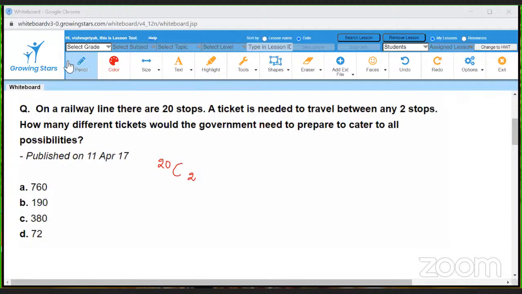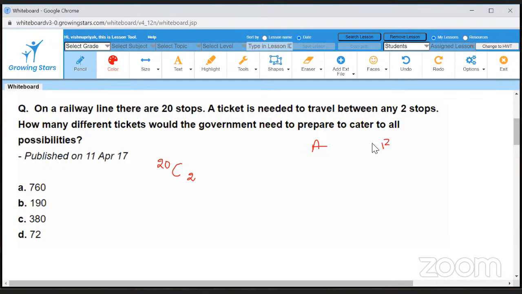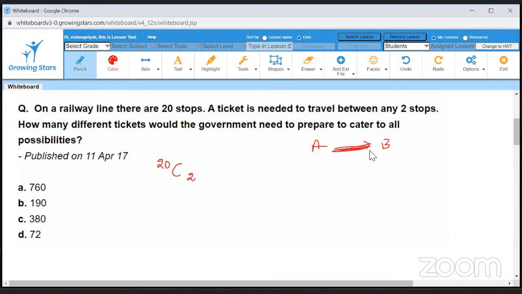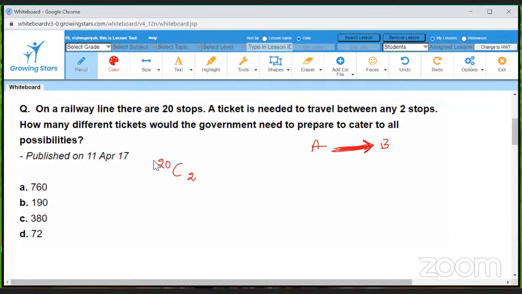Like when we are going from A to B, the train is going from A to B. So we have to select two stations from 20 stations in 20C2 ways. And in that way, one can print the ticket.